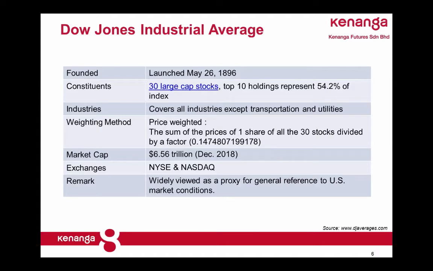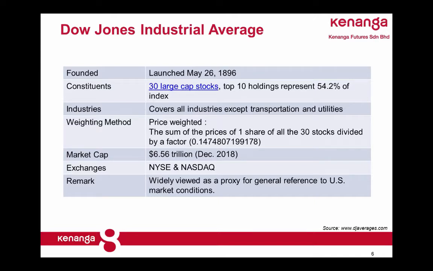So we see quite a bias to the top 10 companies. By trading these futures contracts, you need to pay a lot of attention to the performance of the top 10 counters. This index covers all industries except transportation and utilities companies.